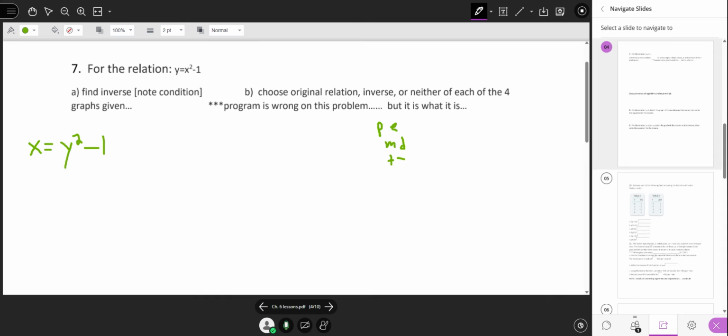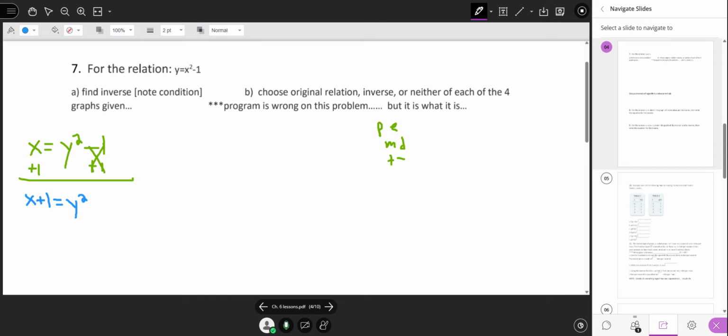So the first thing I get rid of is the minus by adding. Now there's no multiply or divide, so there is an exponent.